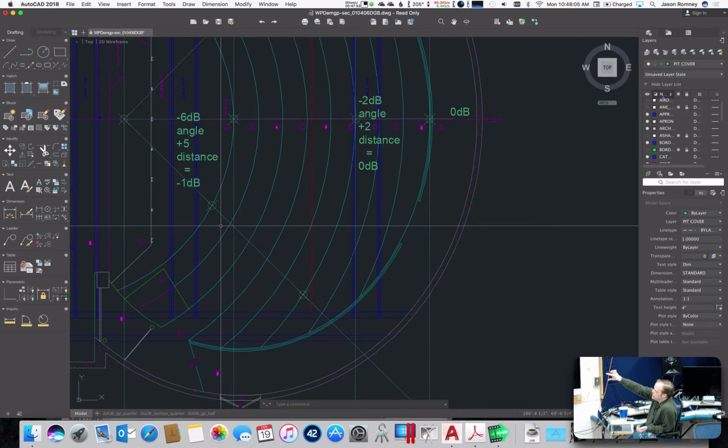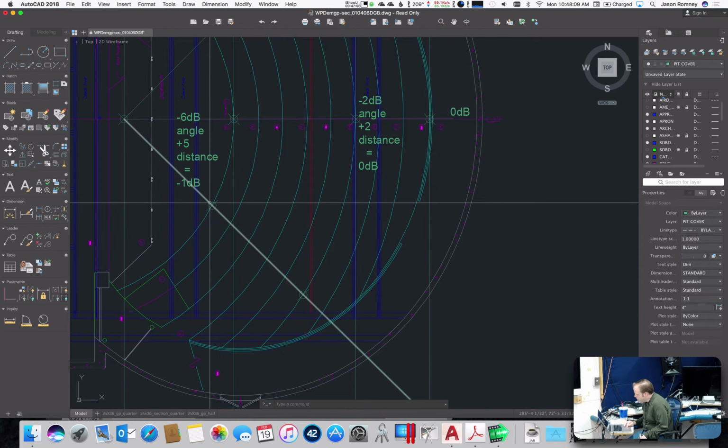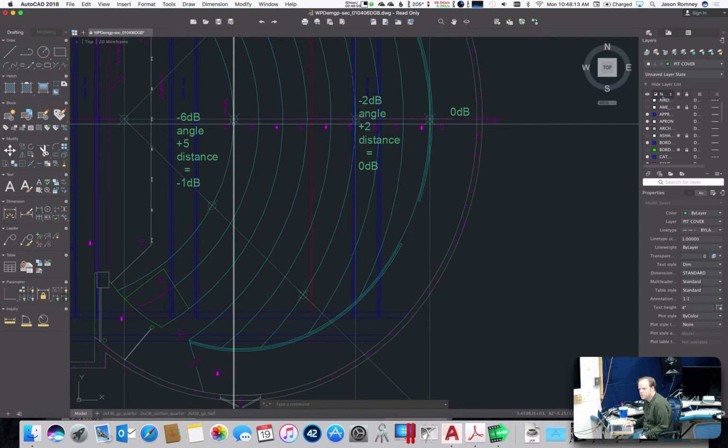If you actually look at these things together, because this curves, this seat is not necessarily the exact same distance away as this seat from the loudspeaker. You see what I mean by that? So how could we figure out exactly how far away it is?